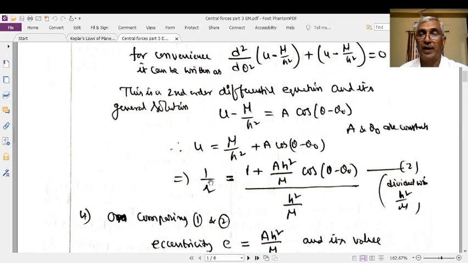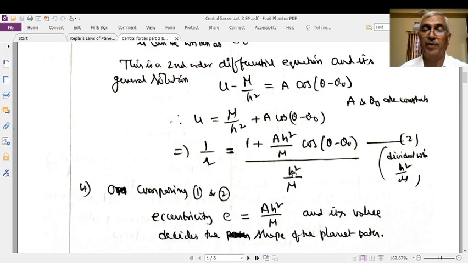What is u? 1 by r. Now let the RHS be multiplied with h square by mu, in both numerator and denominator. What is the denominator here? 1. Therefore, h square by mu into mu by h square amounts to 1. Here a into h square by mu cos of this, and the denominator is h square by mu, because the numerator is multiplied with h square by mu and the denominator 1 is also multiplied with h square by mu.